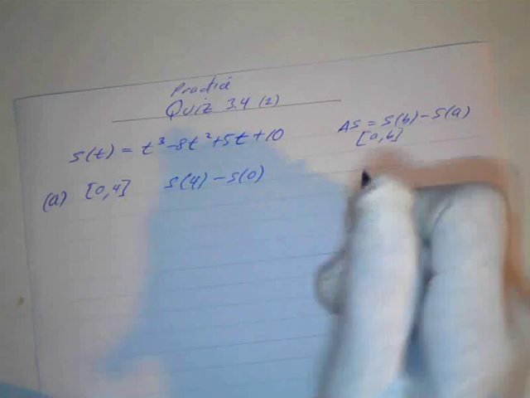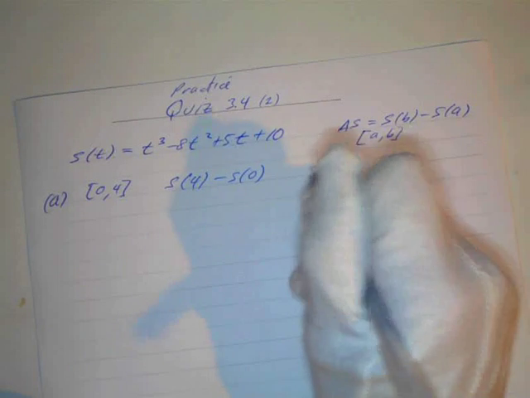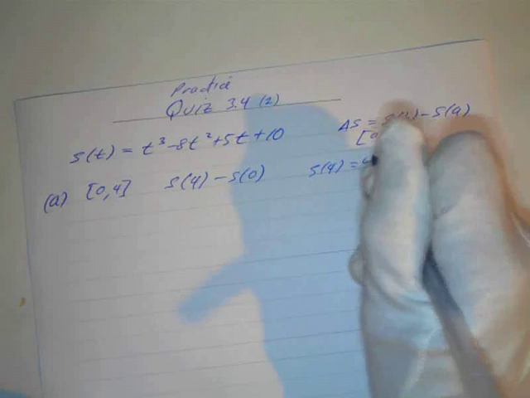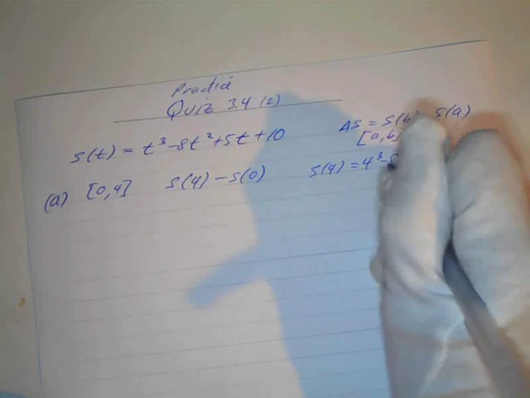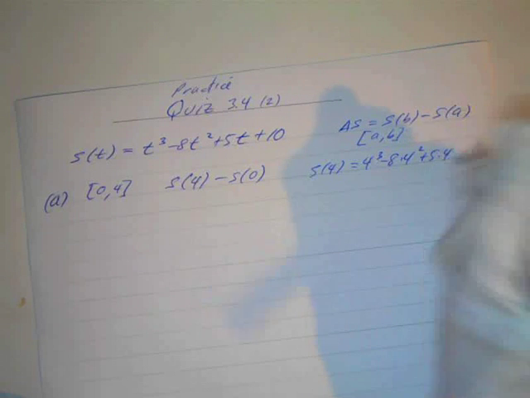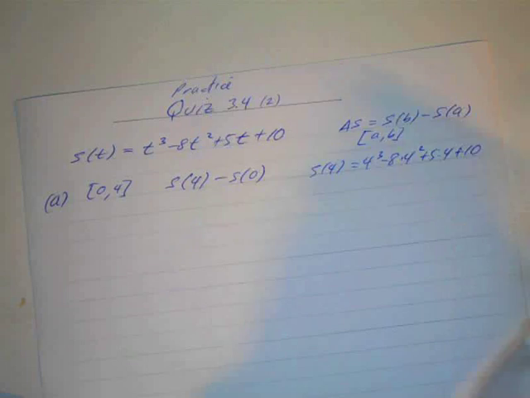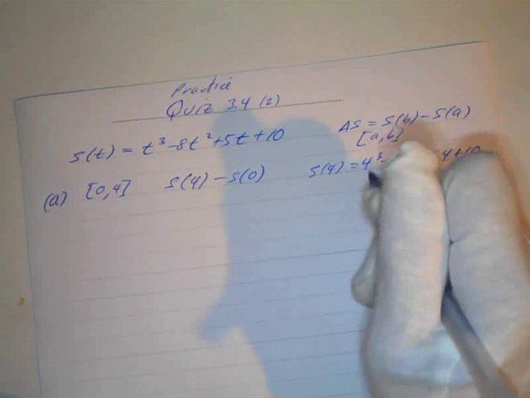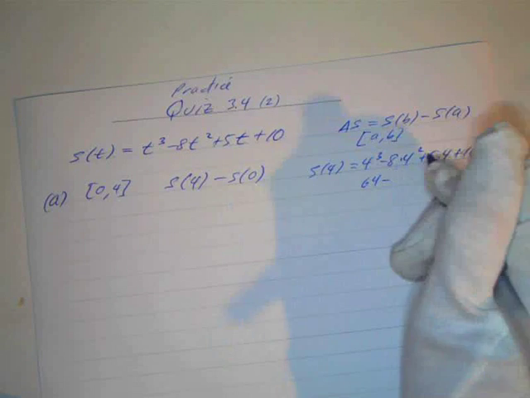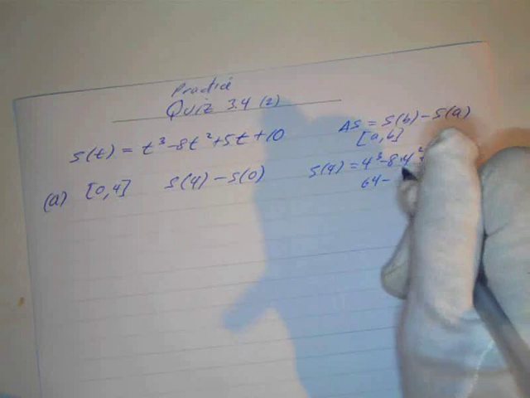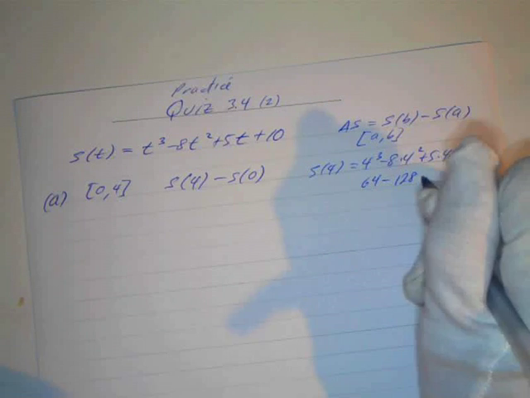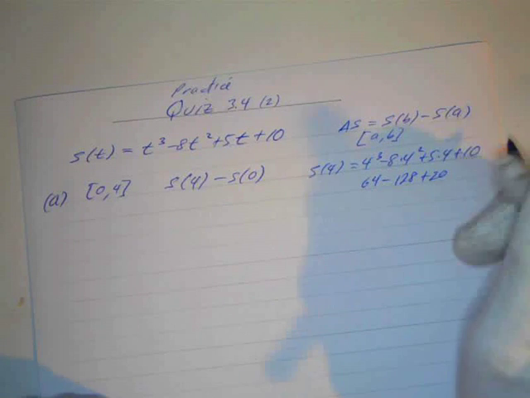So S of 4: if I put 4 in here, I've got 4 cubed minus 8 times 4 squared plus 5 times 4 plus 10. 4 cubed is 64. 4 squared is 16, and 8 times 16 is 128. Then 5 times 4 is 20, plus 10.